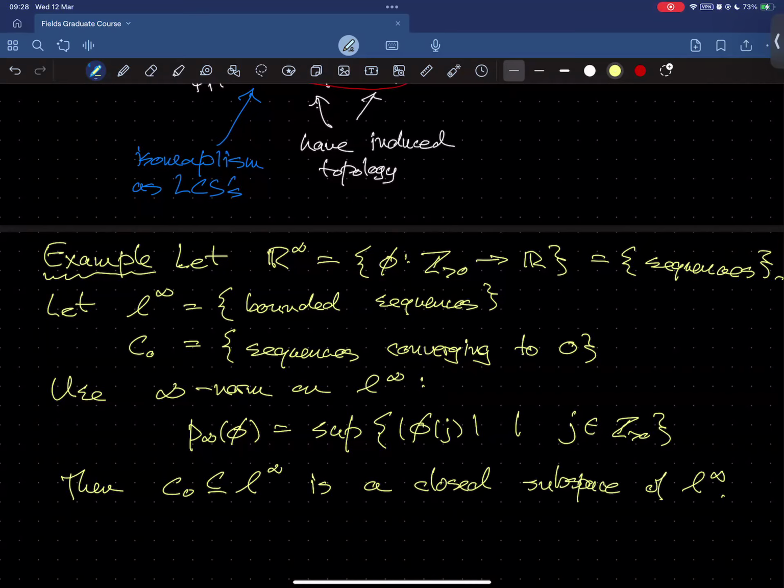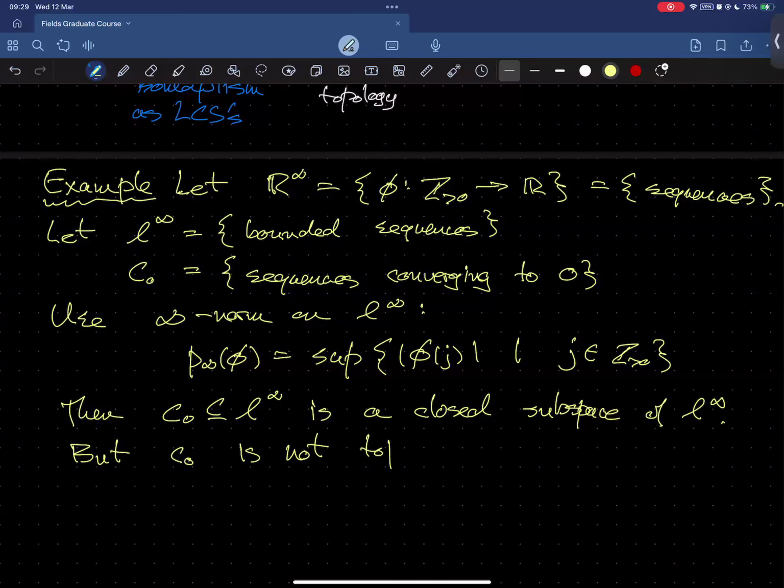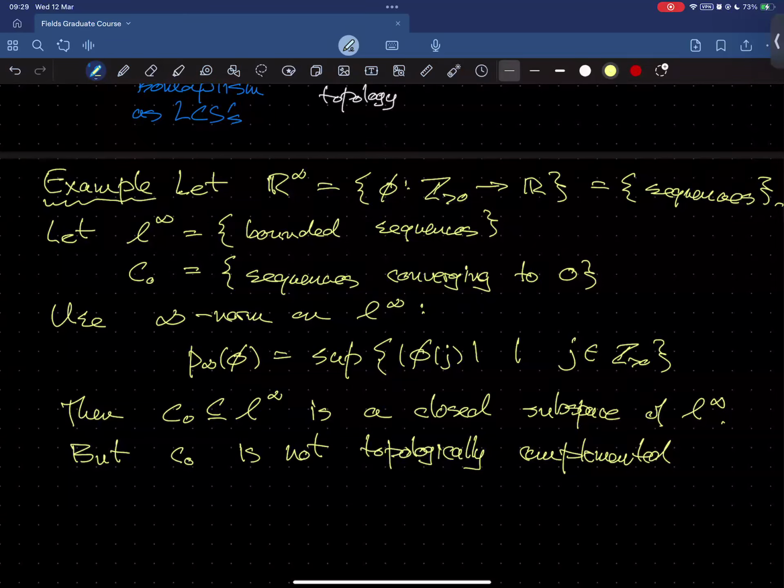But it is not topologically complemented. So the absence of the property of being topologically complemented doesn't require exotic spaces. It certainly requires infinite dimensional spaces.